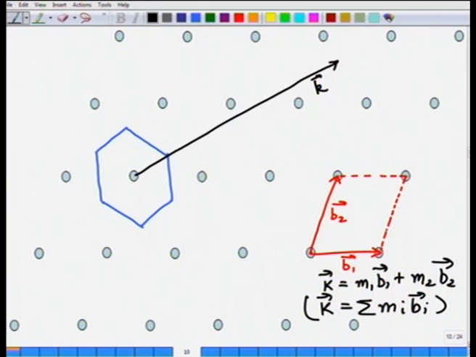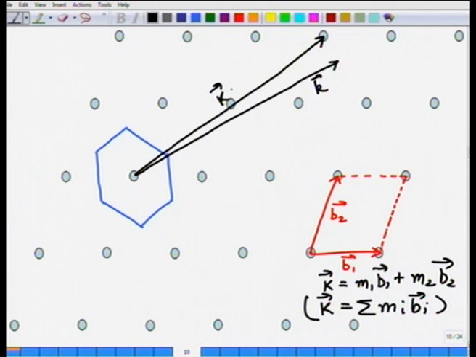If this is the k vector, I can always find a capital K vector which will reduce my k vector into the first Brillouin zone. Let me show you that as an example. You choose another capital K vector which is like this. Remember, capital K vectors are those vectors which are drawn by, let me write it more explicitly here.